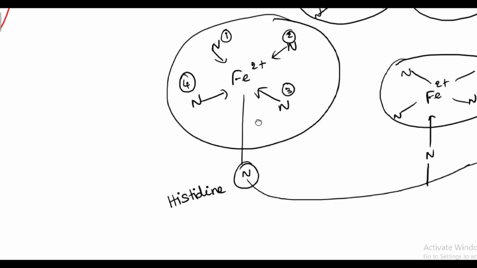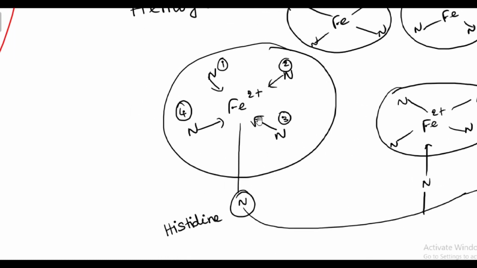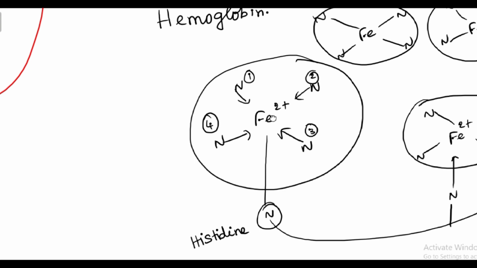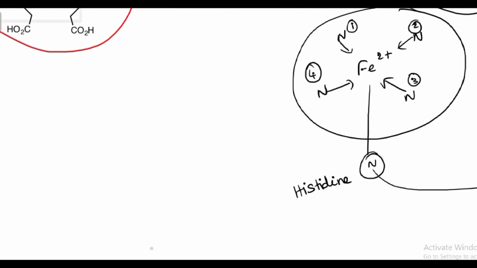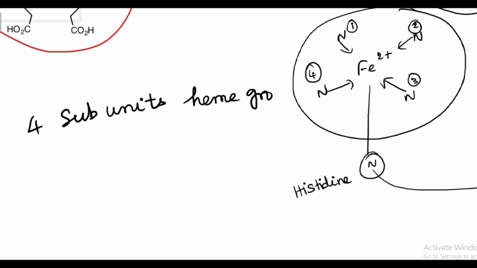Let us conclude about the structure of hemoglobin. Hemoglobin contains four subunits of heme group with the protein chain.